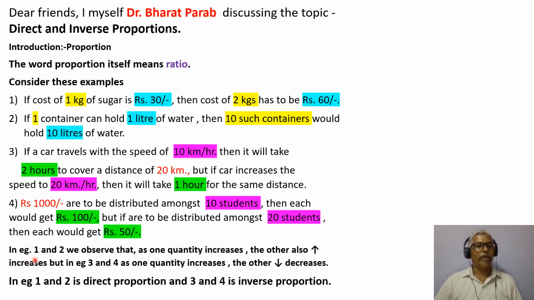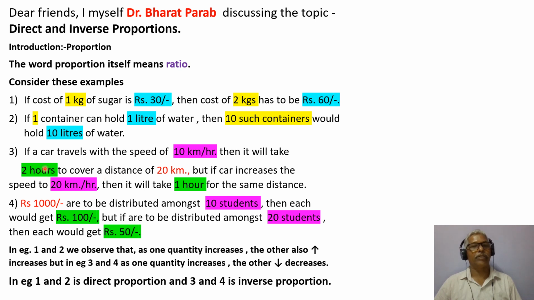So in example 1 and 2, we observe that as one quantity increases, the other also increases. This increases, this also increases. But in example 3 and 4, as one quantity increases, the other decreases.